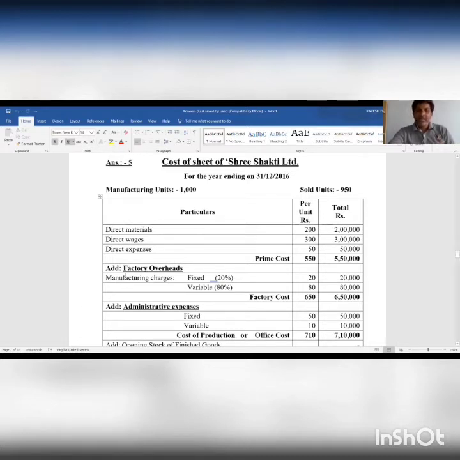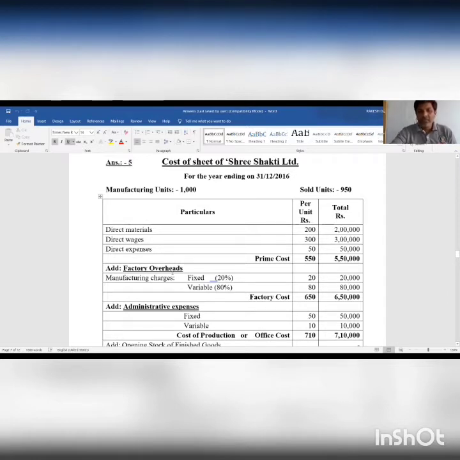Sometimes there is another variable expense, which is direct expense or other direct expense. It is also considered variable because it is direct. Direct means that it affects the level of production. So here we get a total of rupees 550 per unit. In the same way, the total amount is rupees 5,50,000, which is considered the prime cost.